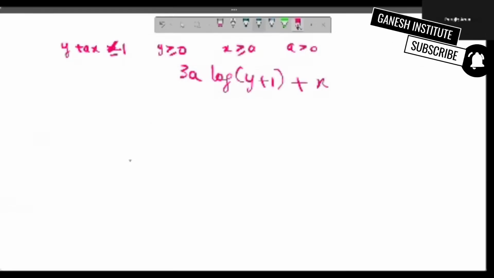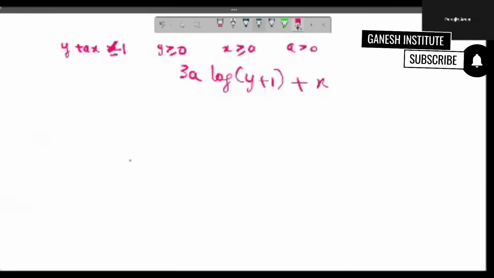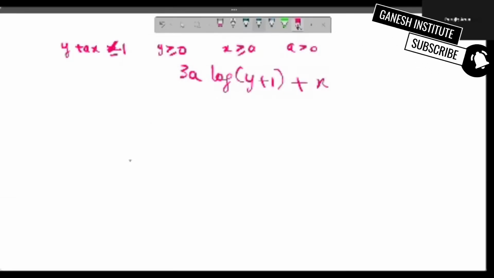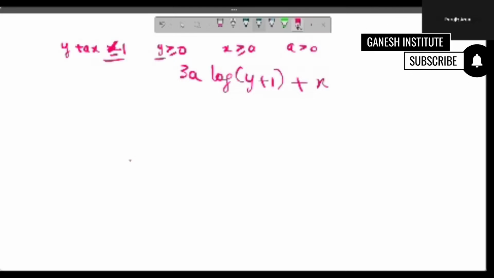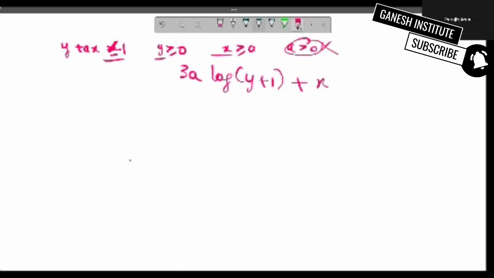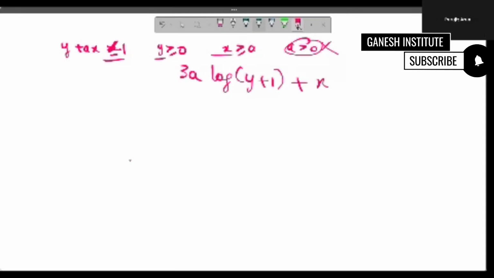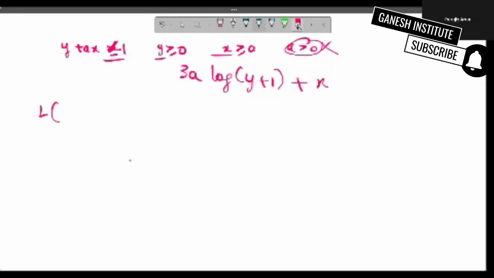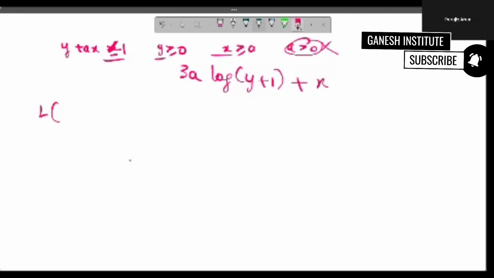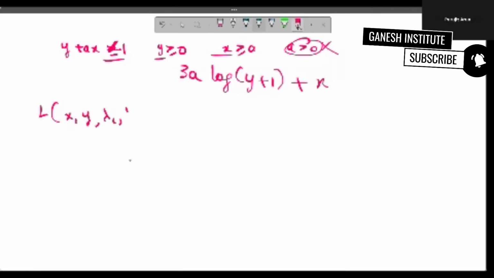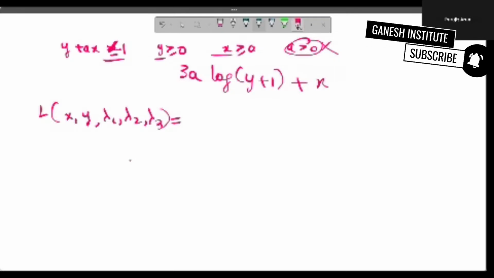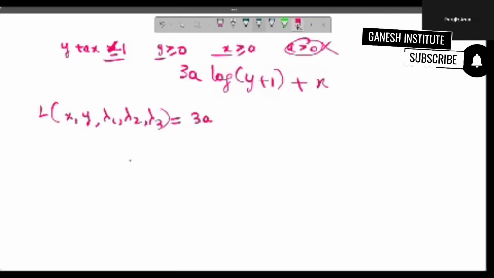So first of all, we have three constraints here: 1, 2, 3. This was for Slater. It was given. If three conditions are there, that means three multipliers have to be there. We have two variables and three multipliers. So that means these 5 parameters.